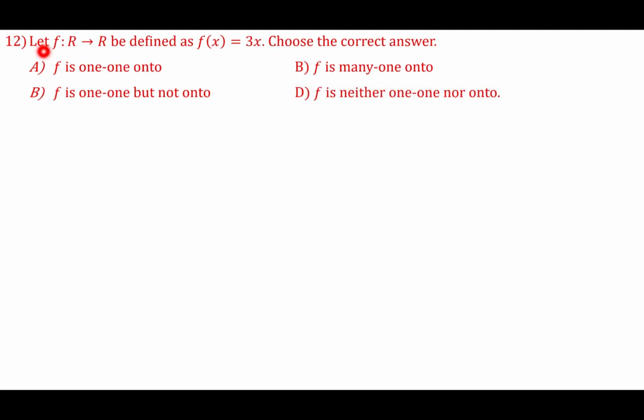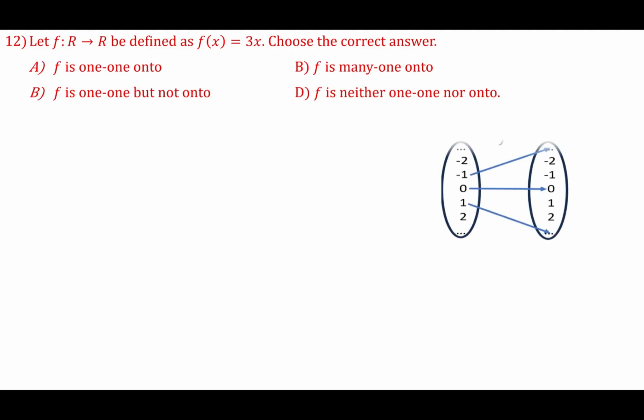Question 12. Let function f from R to R, real numbers to real numbers, be defined as f of x is equal to 3x. Choose the correct answer, A, B, C, or D. Let us draw a rough diagram and then decide whether the given function is 1, 1 or onto. From real numbers to real numbers.